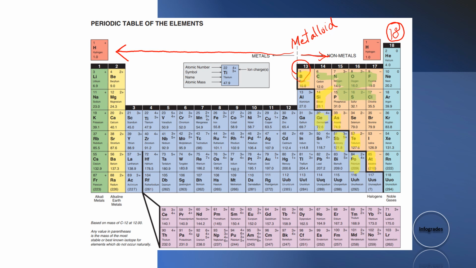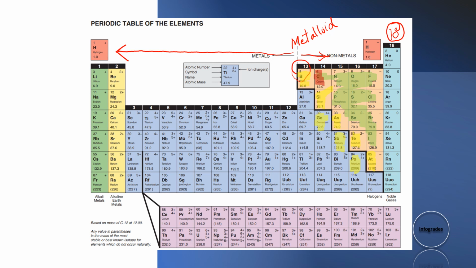They exist mostly as gases or liquids, but not limited to that. As I always say, chemistry is full of exceptions. Carbon is one known nonmetal that exists as the hardest known substance, diamond. That is still a nonmetal, but one of the hardest substances known.